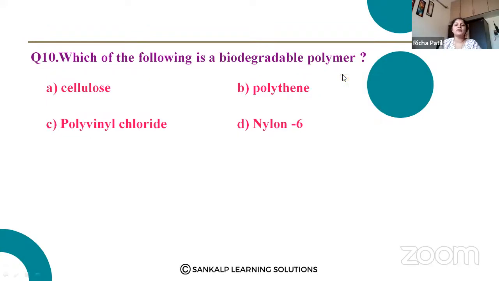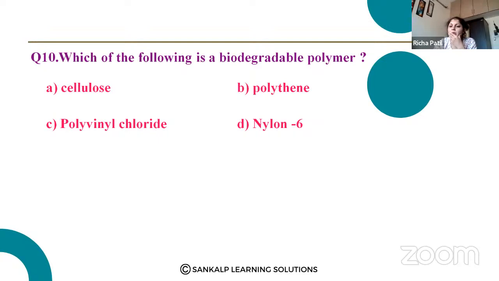Which one of the following is a biodegradable polymer? Biodegradable means it can be degraded by microorganisms.